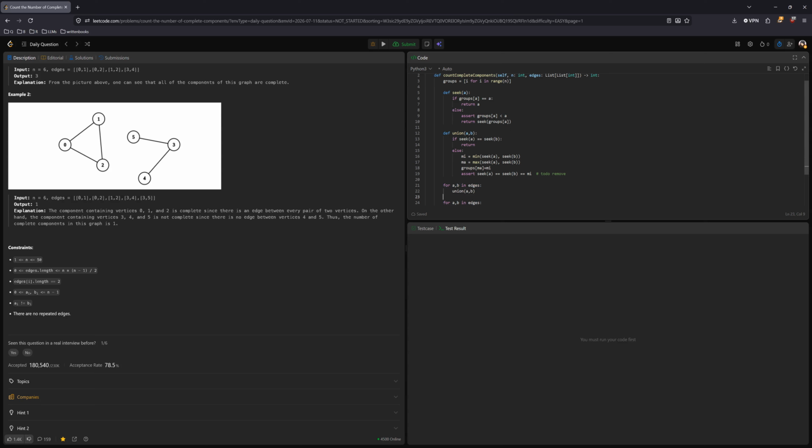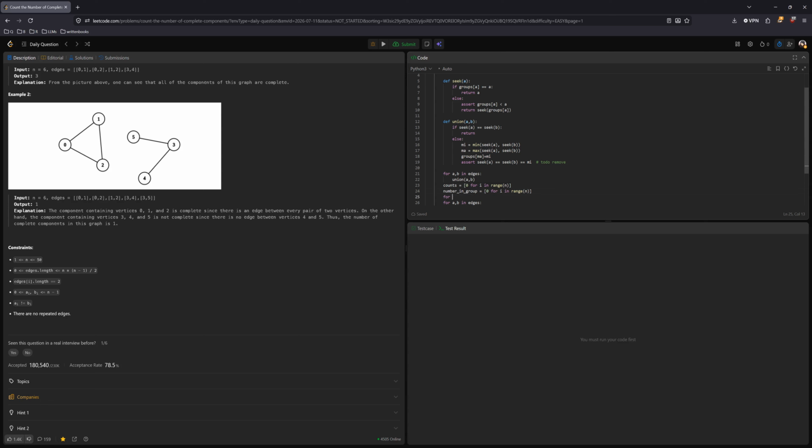Okay. So counts equals 0 for i in range n, right? And how many things are in each of the groups? Number in group, right?